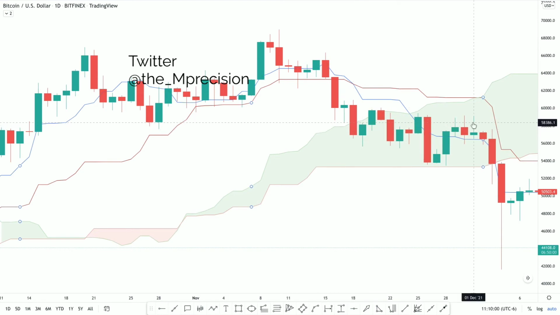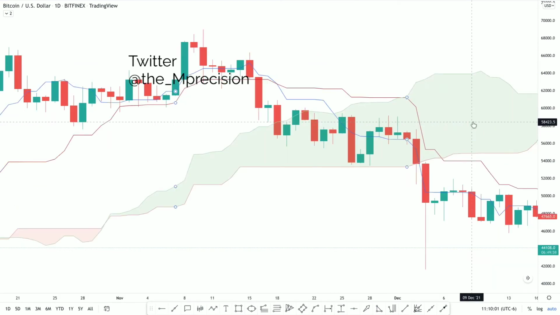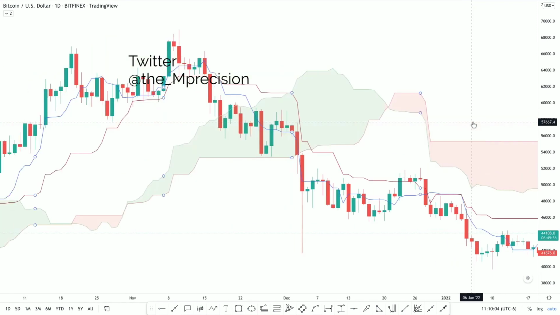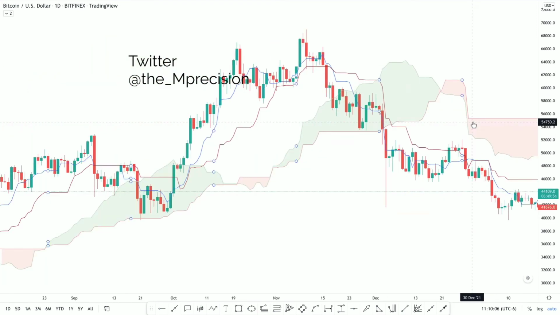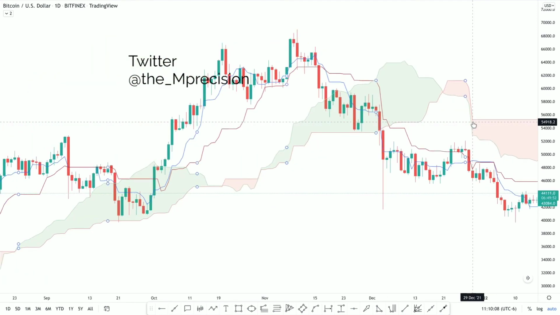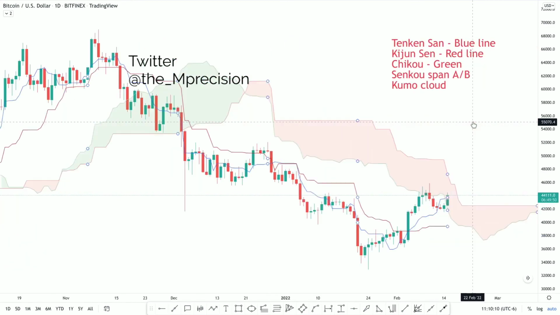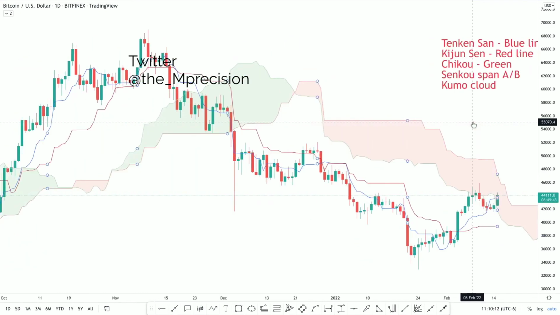You cannot trade it. Which brings us to the whole concept of what kind of trader you are. Are you a beginner trader or are you an advanced trader? If you are a beginner trader, you are supposed to follow Ichimoku rules to the letter, which means both the conditions have to be fulfilled before you take any entry.